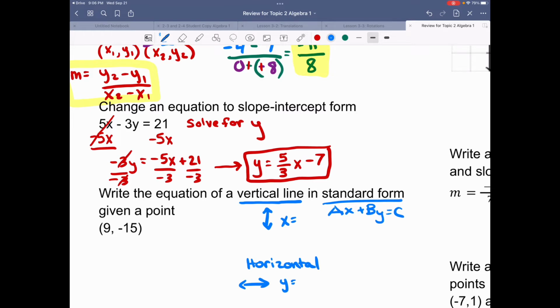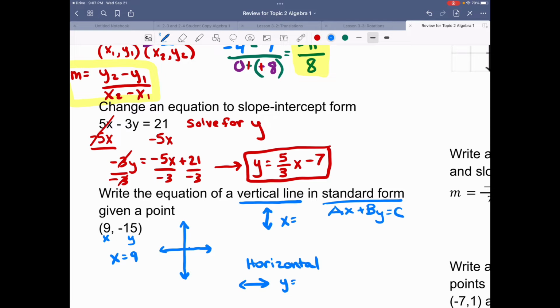So if we are given this point, and 9 is our x, y is negative 15, well, the y's will all change, but x will always equal 9. And the graph of that would look like this, and we'd go over 9.